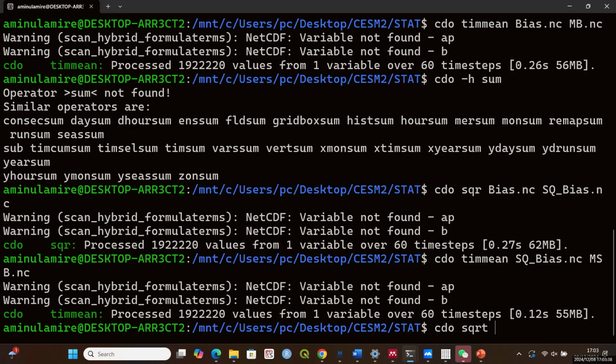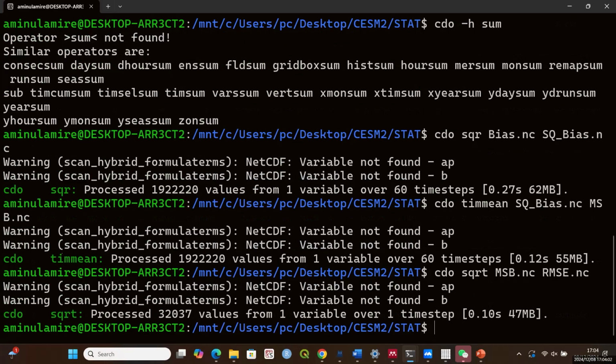So this will be the square root of the mean square bias. We can name this one root mean square error dot NC. Then you can hit enter. So it means we have calculated our root mean square error.